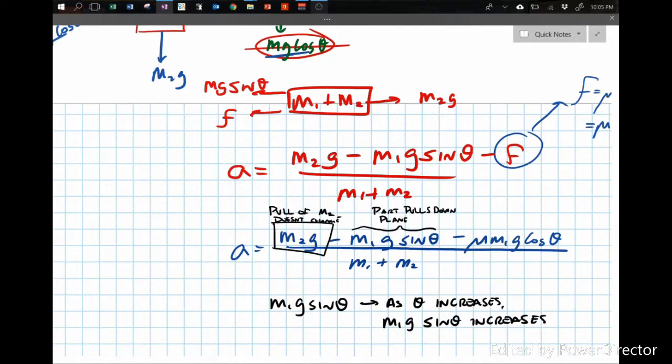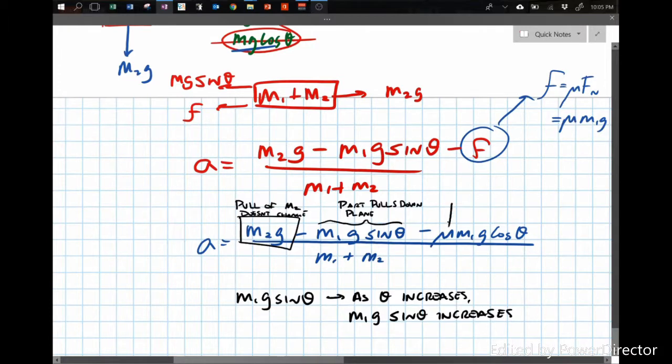And then we have this frictional term, mu, which is in general a small number, and m1g cosine theta. This is the part that pulls into the plane.